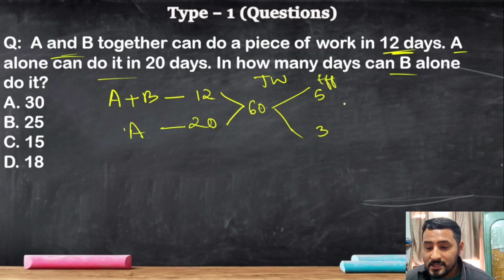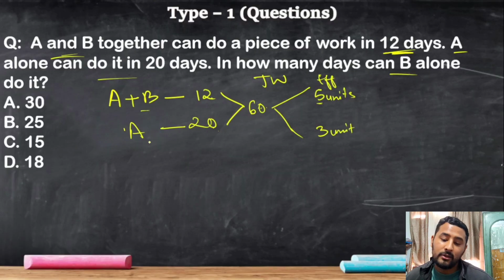The efficiency is 5 units when A and B are working together. A alone can complete 3 units of work in a day. A plus B can complete 5 units of work per day. But the question is asking how many days B alone can complete the work.